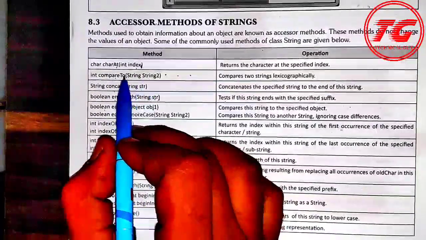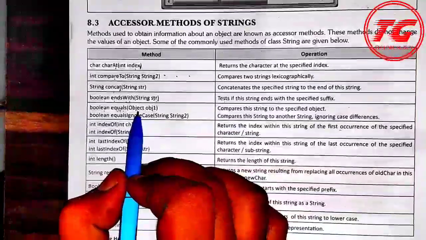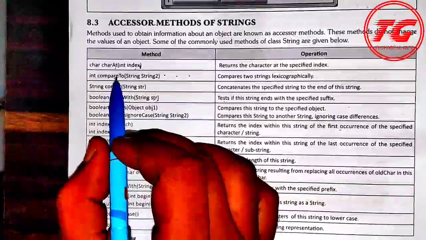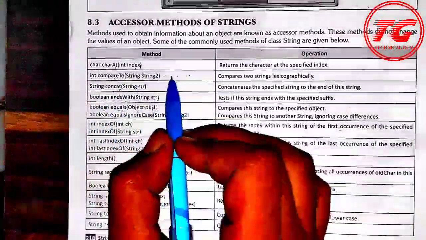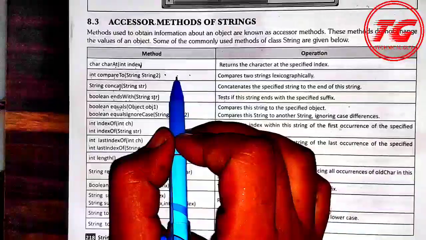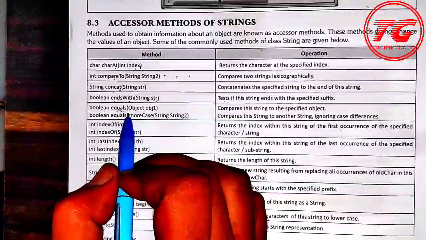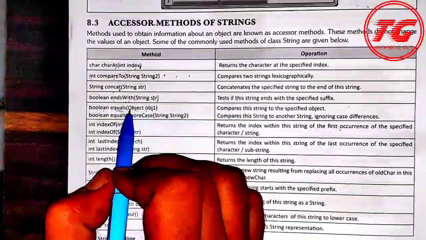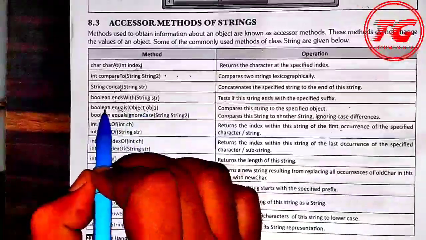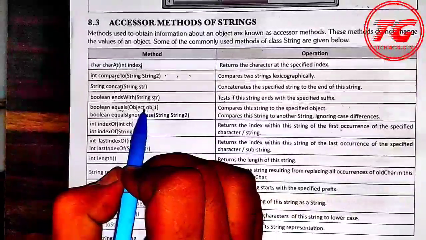It is also used to compare two strings. The equals method is also used to compare two strings. But the compareTo method's return type is integer. That's why I told you it will return a negative value, positive value or 0. But the Boolean method equals will return true or false. If the strings are equal, it will return true. If the strings are not equal, it will return false.